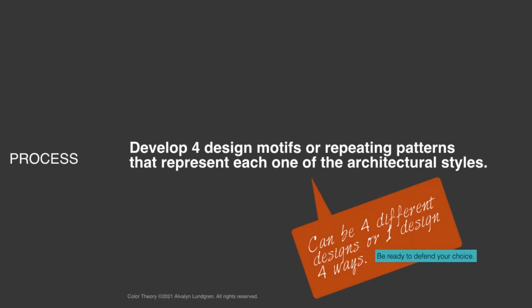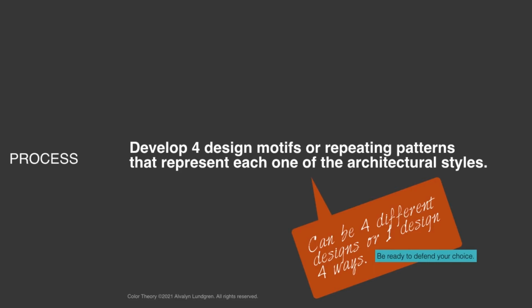Then you're going to develop 4 design motifs or repeating patterns that represent each one of those architectural styles. So this can be 4 different designs, or it can be one design that you're going to apply colors to. So you'll have 4 colorways of the same design.